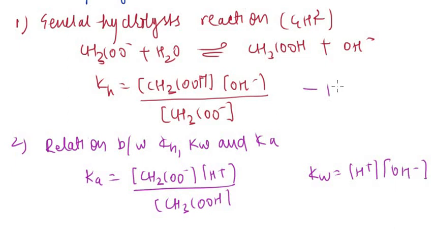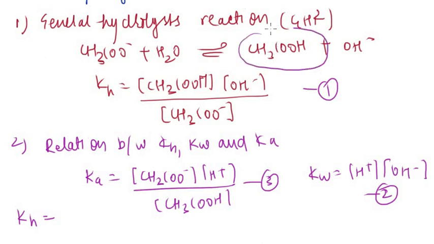We can call these equation 1, equation 2, and equation 3. Every time you try to link KH and KW, remember that in the general hydrolysis reaction, whatever we have on the right hand side, we have acetic acid, so the KH term will be KW over the dissociation constant of this, which is Ka.